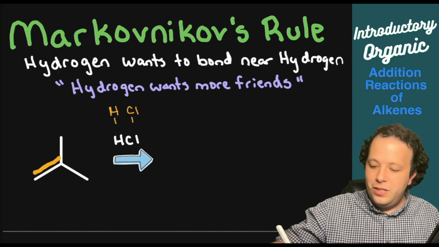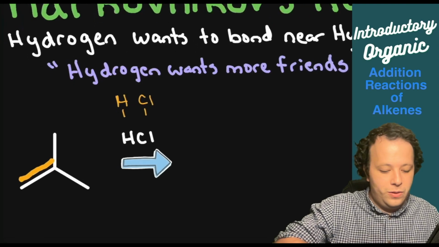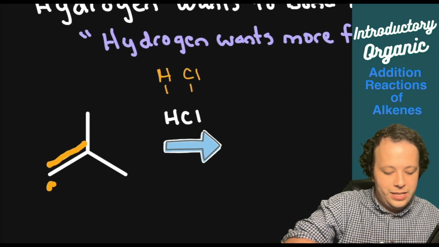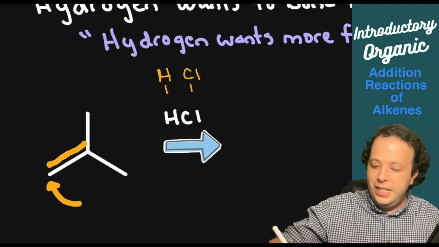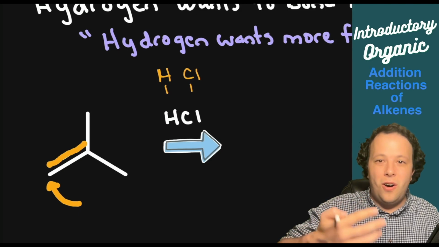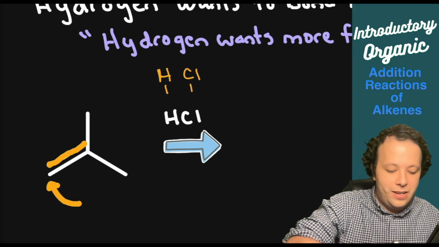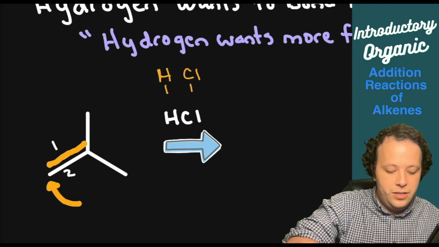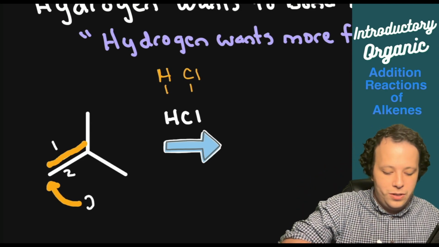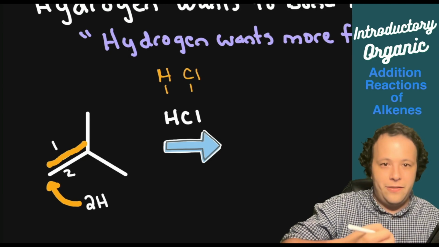If we look closely on our structure, on the left-hand side, how many hydrogens do you have? What you have to do is count all of the bonds that are currently there. And we can see that we have 1, 2. Remember, every carbon needs 4, so there are 2 hydrogens on the left one.